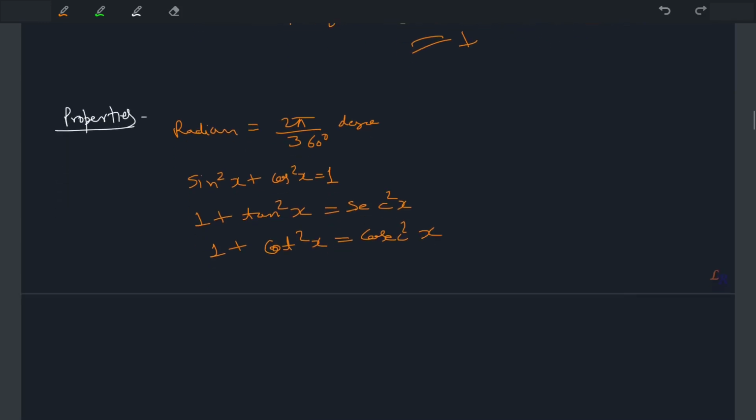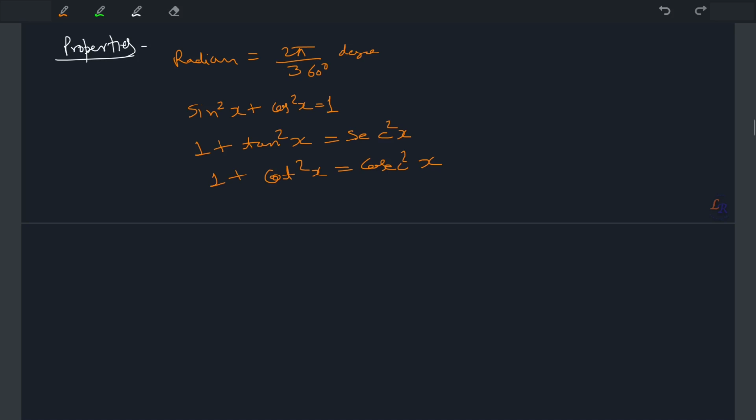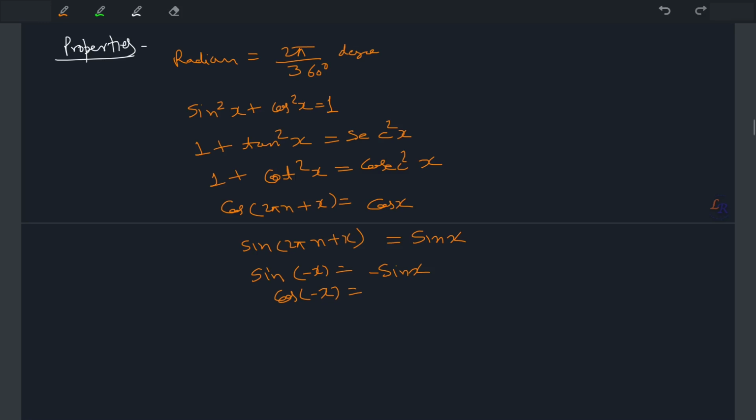The other functions: we just saw that cos of 2 pi n plus x is equal to cos x, sin of 2 pi n plus x is equal to sin x, sin of minus x is equal to minus sin of x, cos of minus x is equal to cos x, cos of x plus y is equal to cos x cos y minus sin x sin y.